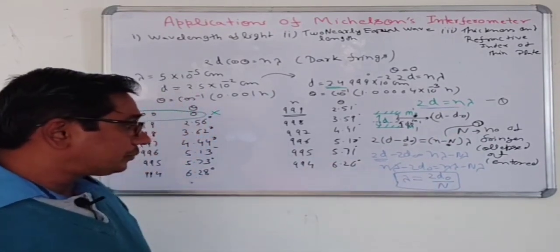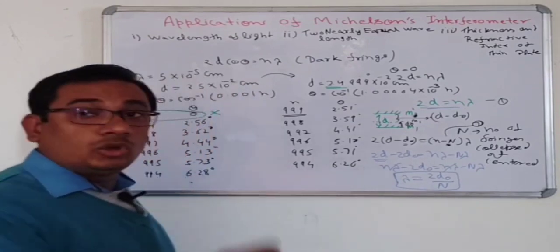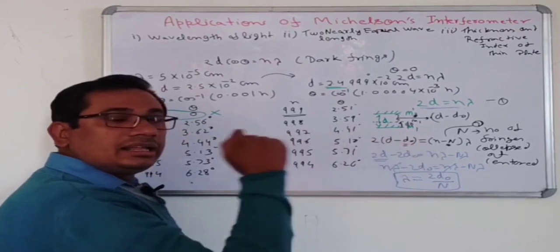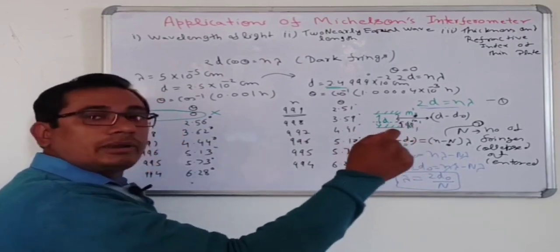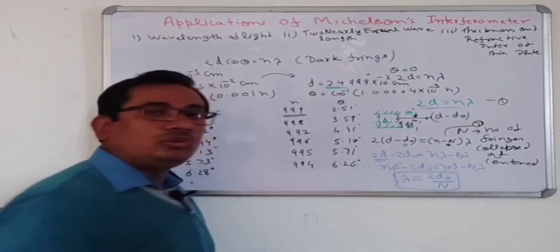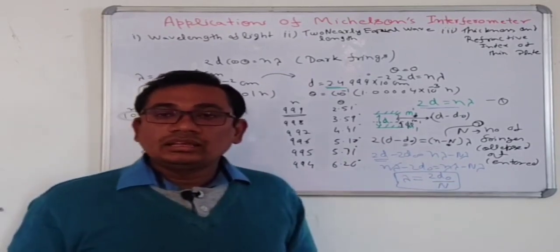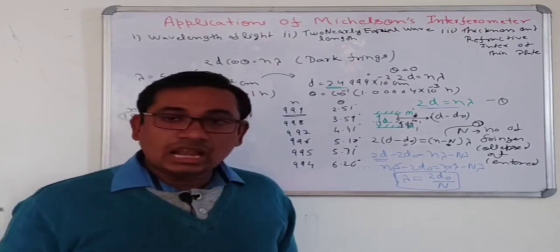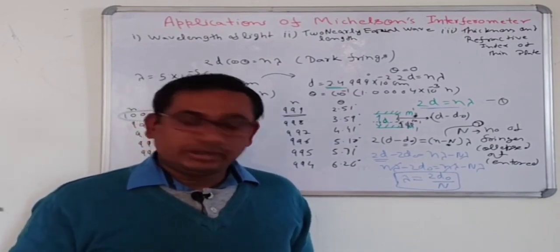And N you have also measured, because you observed at the center and counted the number of fringes collapsing at the center. Like that, you can experimentally calculate the wavelength of light with the help of the Michelson interferometer.